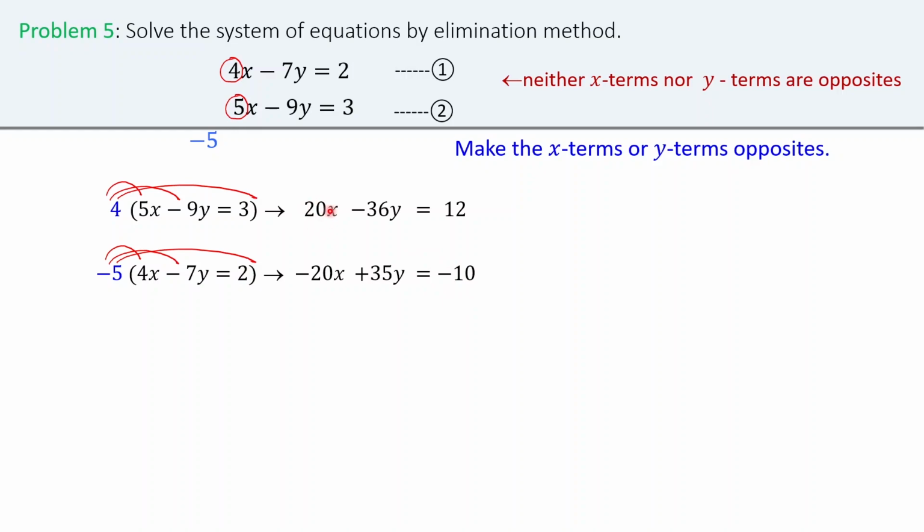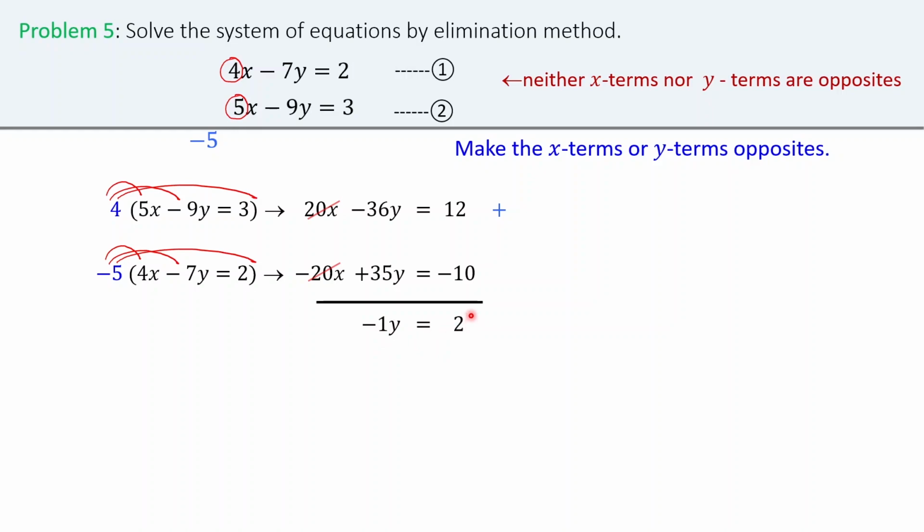Now you have opposites, 20x, negative 20x. These are opposites. So add these two equations. 20x, negative 20x, cancel these out. Negative 36y plus 35y is negative 1y, is equal to 12 minus 10, which is 2.